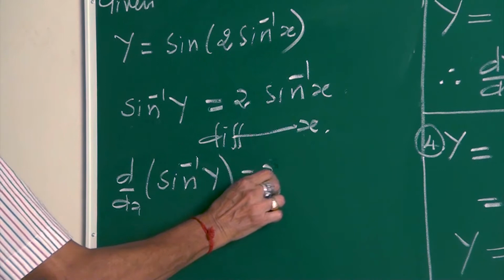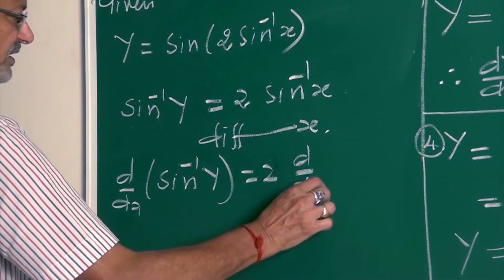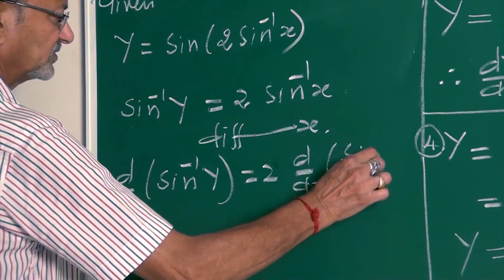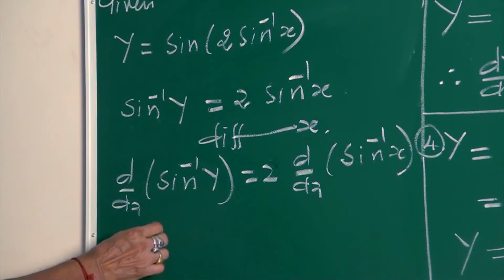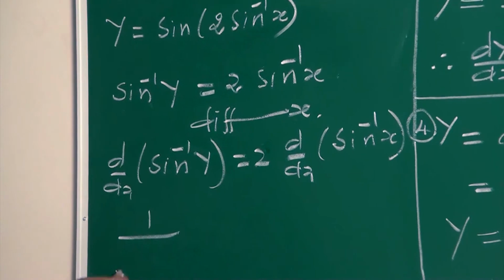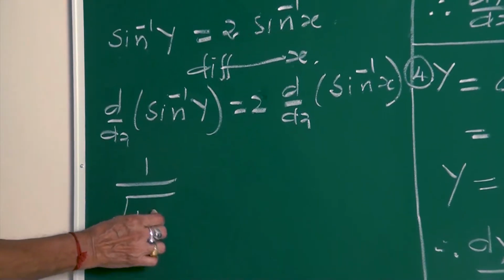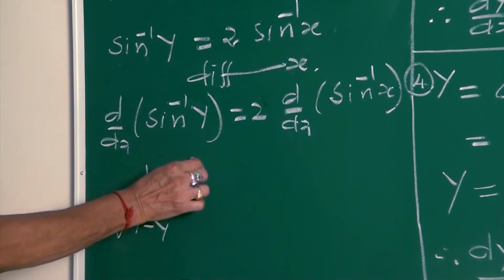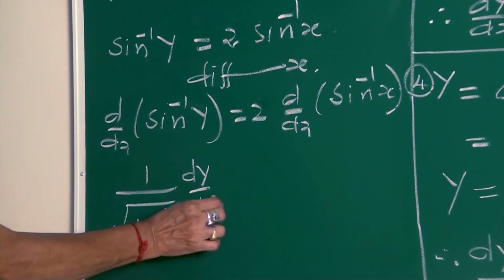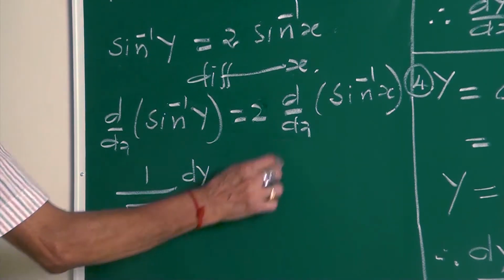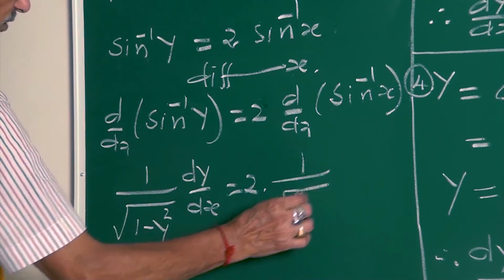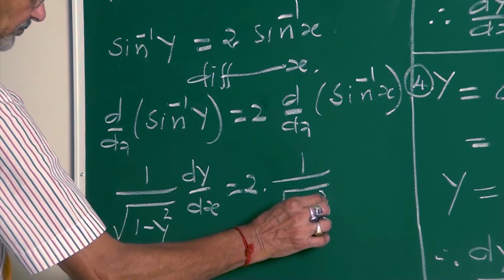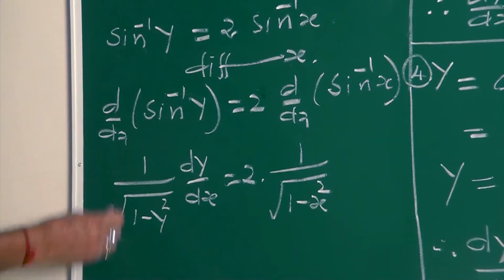equal to 2 into d by dx of sine inverse x. What is this? 1 by, first with respect to y, root 1 minus y square into dy by dx equal to 2 into the derivative of sine inverse x, which is 1 by root 1 minus x square. Take that to the other side.